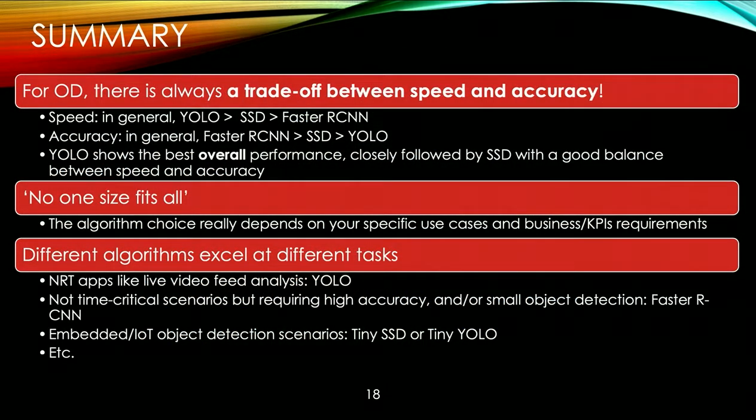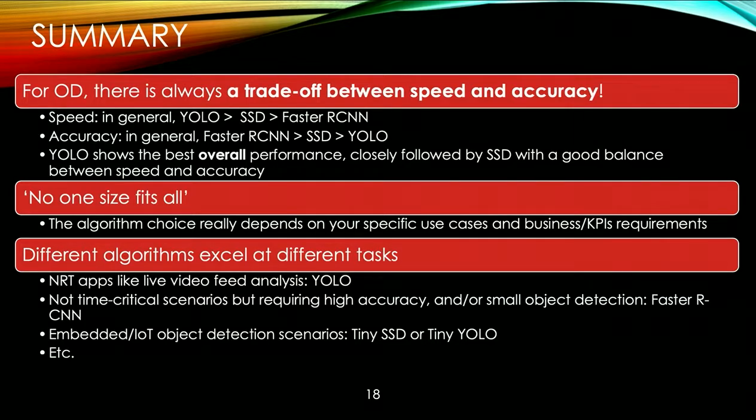Here comes the summary and our recommendations. For object detection, we believe there is always a trade-off between speed and accuracy. Speed-wise, generally speaking, YOLO is faster than SSD, which in turn is faster than Faster R-CNN.